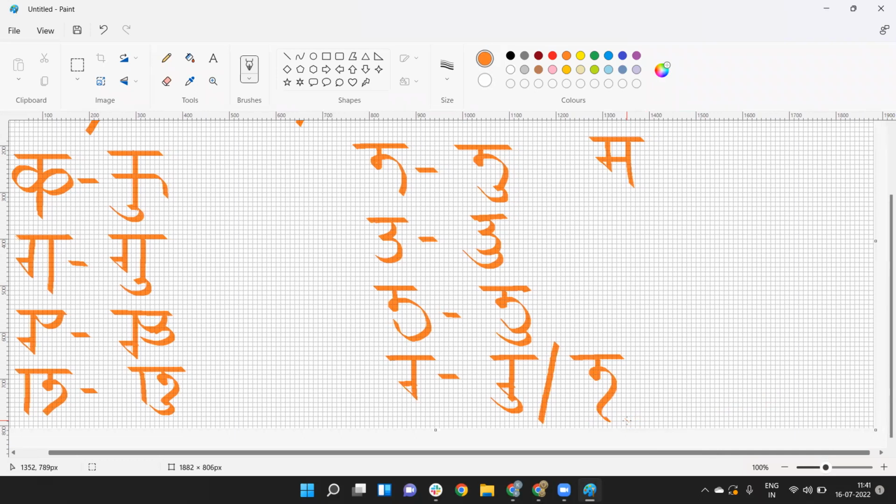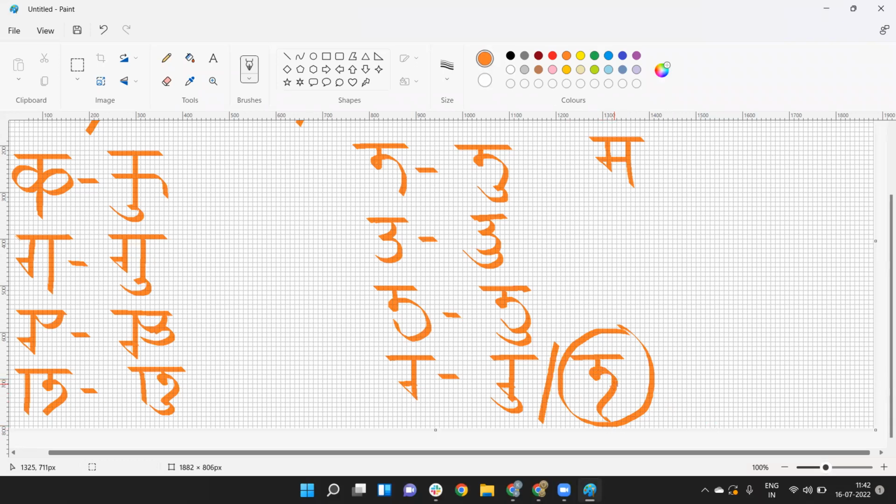Most of the texts, even the texts that are usually our reference material, or when we start writing the shlokas and other words, you will see Ru always written like this, because this is the shape found more in the texts. Very rarely will you see Ru written like this. So this is basically how it is written.